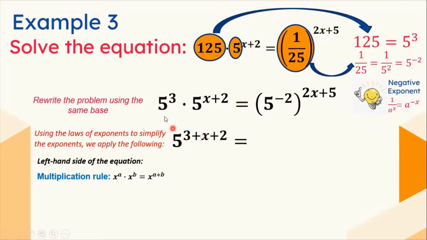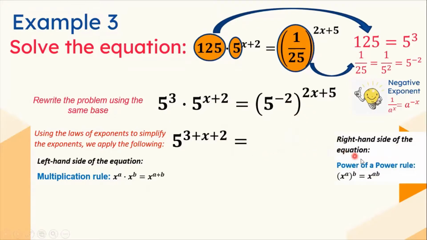So in this case, we keep the base, which is 5, and we add the exponents. And for our right-hand side, we can apply the power of a power rule, which states that if you are raising a power to an exponent, just multiply the exponents. So here, we have negative 2 times 2x plus 5.